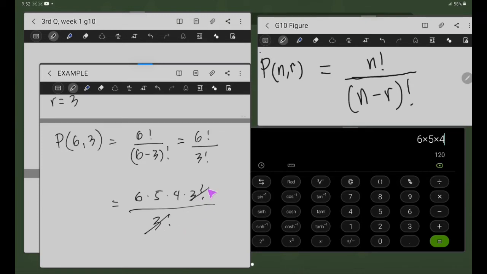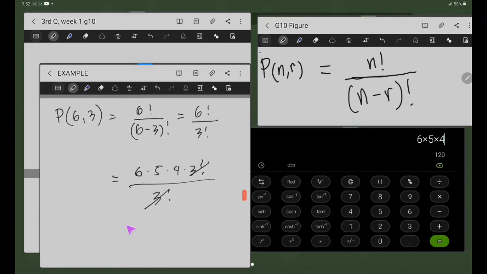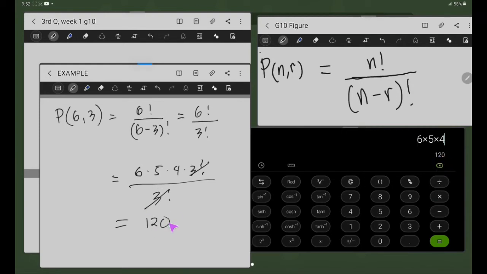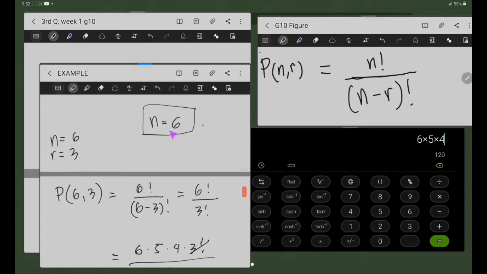So makakat na ito. 6 times 5 times 4 is equal to 120. So tama yung sagot natin. N is equal to 6.